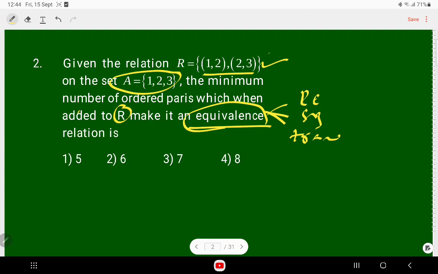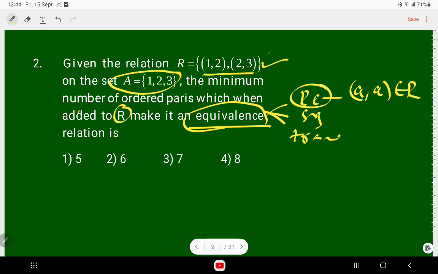For an equivalence relation, first reflexive. Every element is related to itself, no?